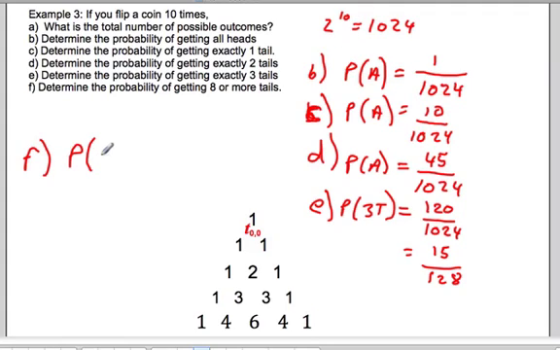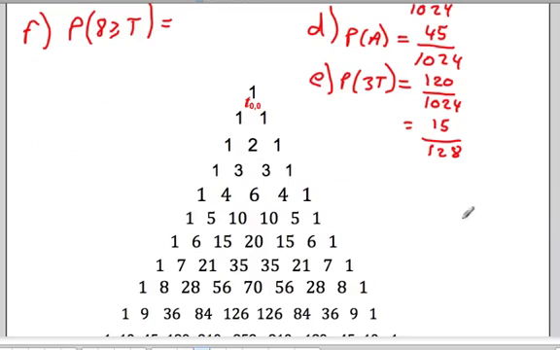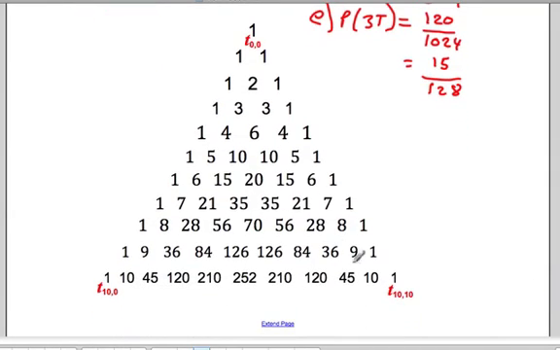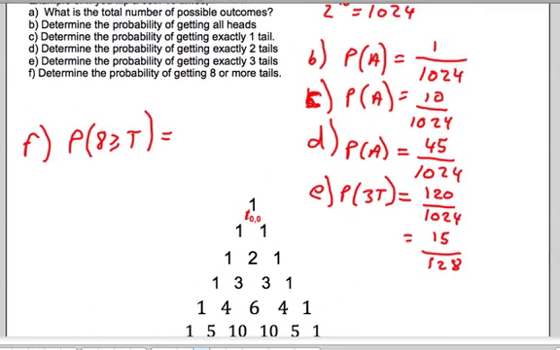Or in this case, the probability of greater than or equal to 8 tails can be found from our last three numbers in the 10th row of Pascal's triangle. Okay, there's our numbers there. So it's going to be 45 plus 10 plus 1.